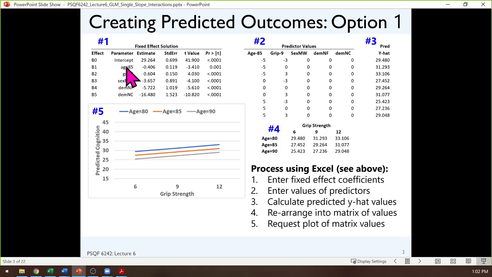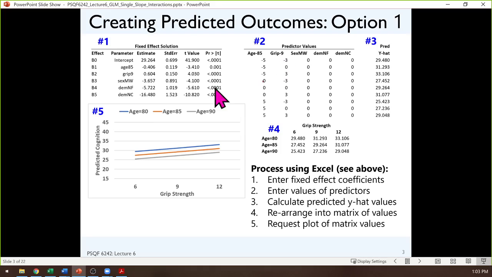So one way to generate predicted outcomes is to type this estimate for the model parameters into Excel, have another set of typed in values for the predictors that I want to generate outcomes for. So in this case, the first three lines would be somebody who is age 80, because age is centered at 85, and then grip strength is centered at 9.